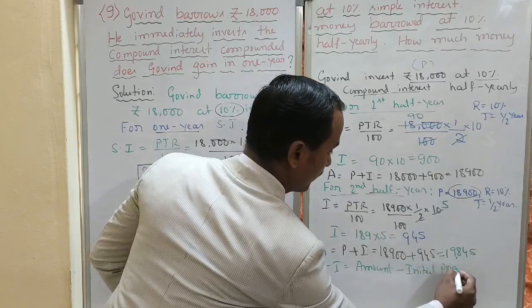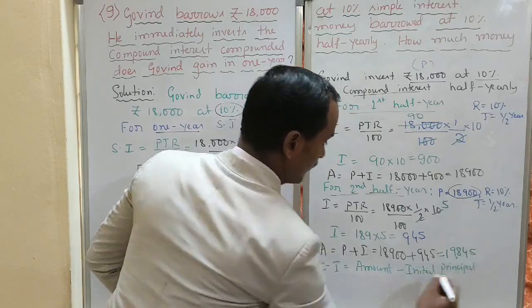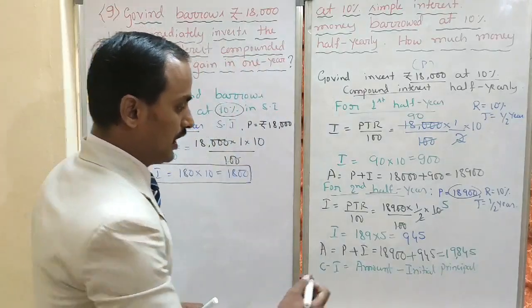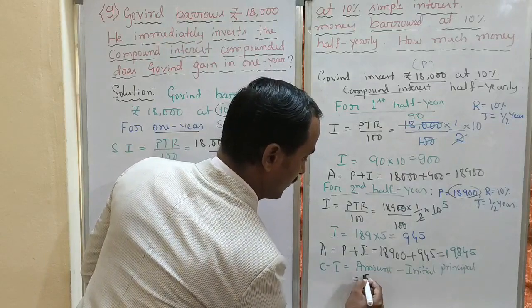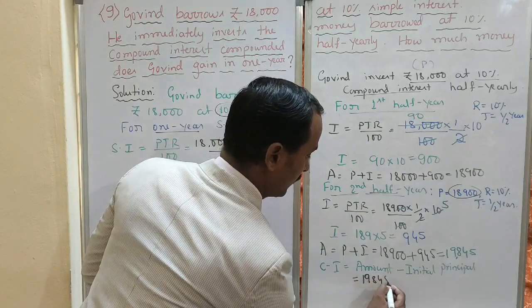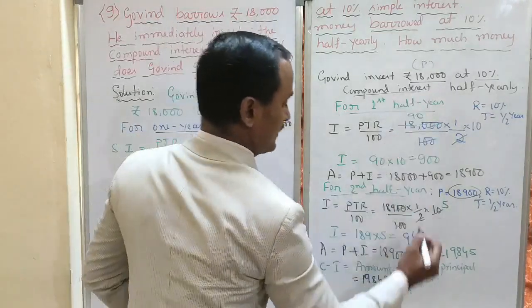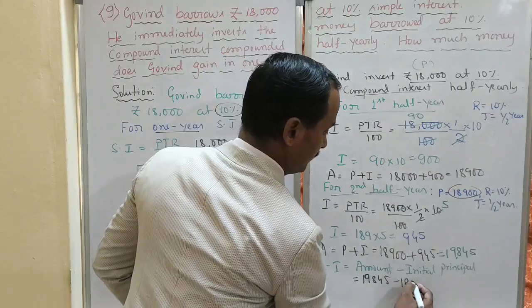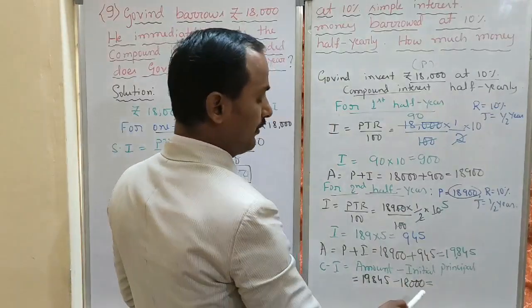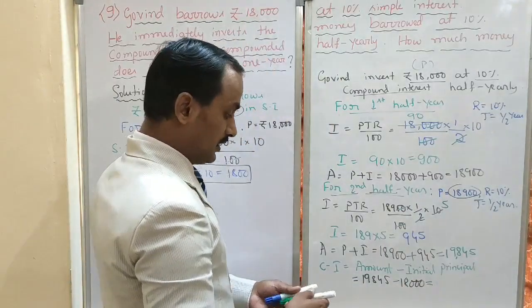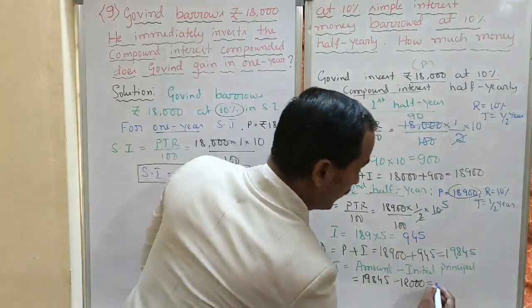Initial principal. See, shall I substitute? Amount is 19,845, sorry children. 19,845 minus initial principal 18,000 is equal to, in this 19,845 minus 18,000 means remaining 1,845 rupees.